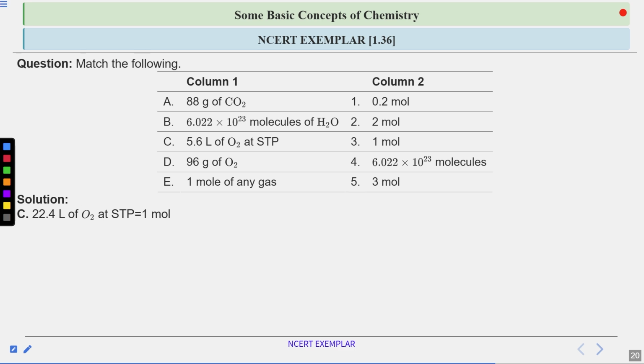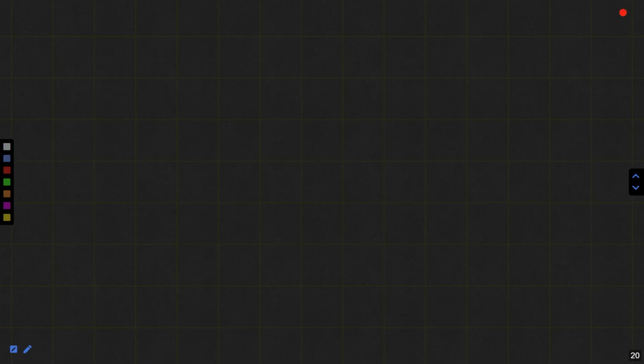Okay, let's see how we can get this 22.4 liters. I have explained it already. When we say STP, it means that we are taking standard temperature and pressure. What is this standard?